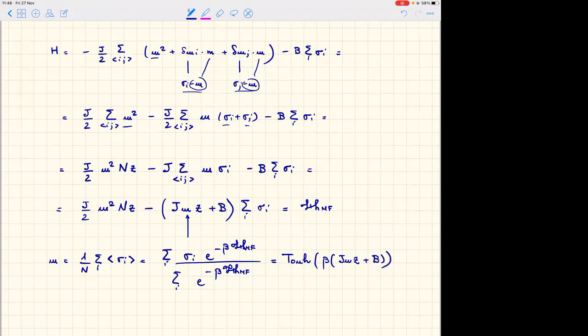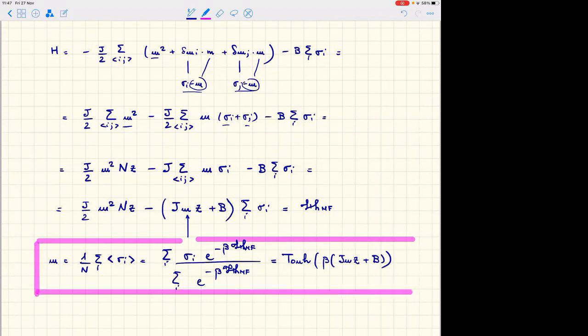Okay? Sorry, can you repeat the third last sentence? Well, so what I'm saying is, in order to solve the mean field theory, you have to be able to compute this parameter M. But M is the average magnetization. So if I know the mean field Hamiltonian, I can compute the average magnetization through this formula.